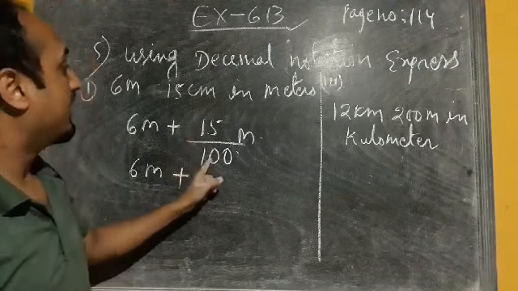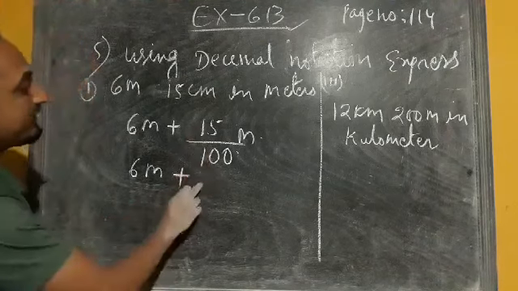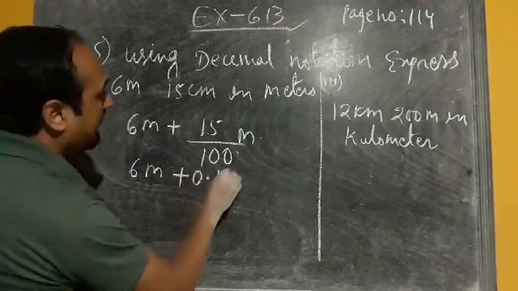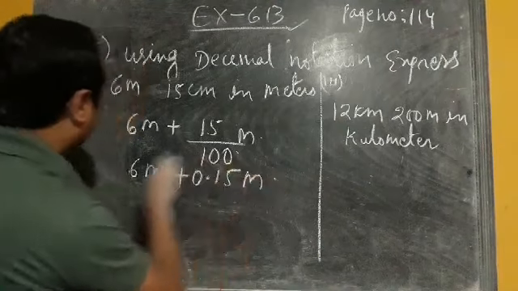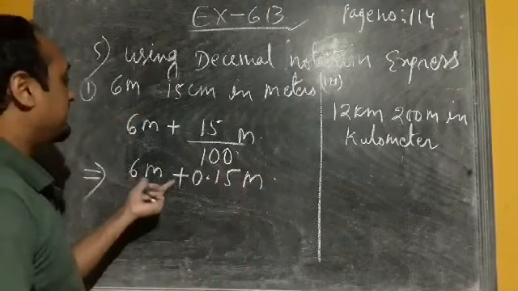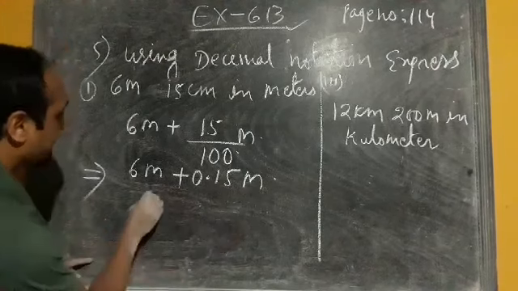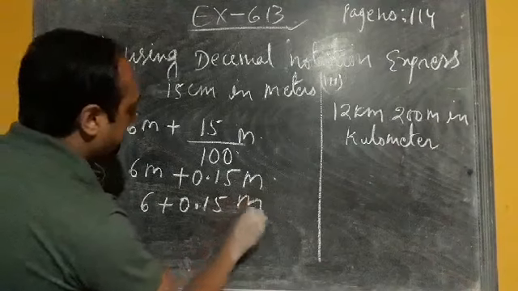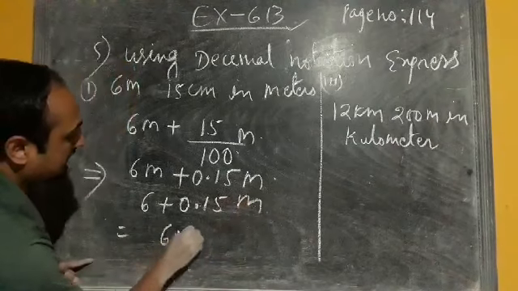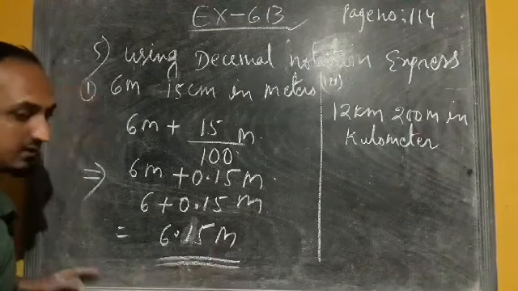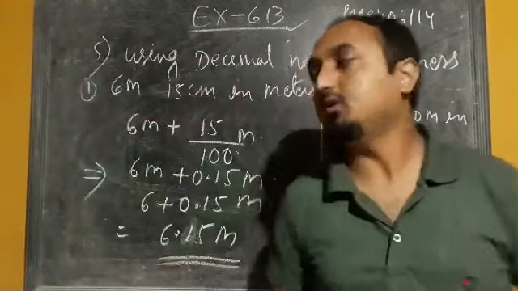After the decimal we have to write 2 numbers because 2 zeros we have. So this can be 0.15 meter. Now we can add these two. This one is also in meter, this one is also in meter. So this can be 6 plus 0.15 meter, so this is 6.15 meter. Okay, 6.15 meter will be your answer.